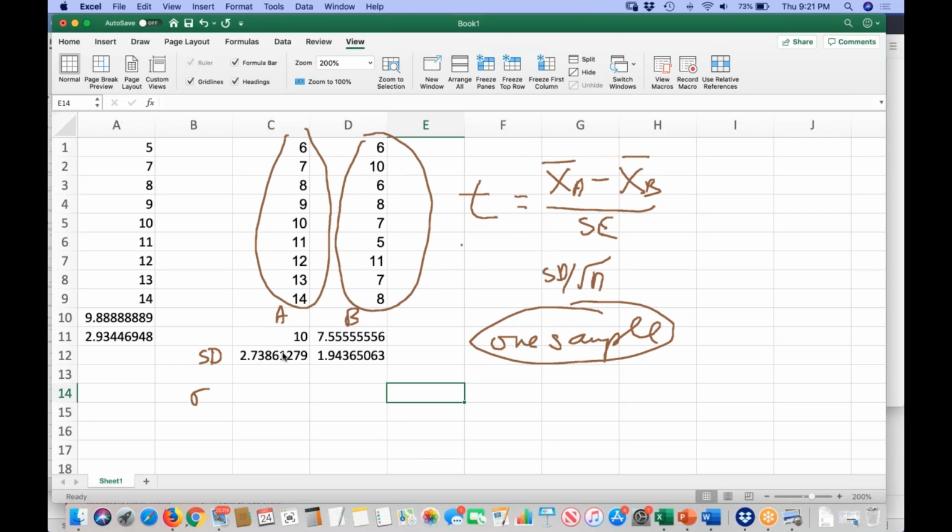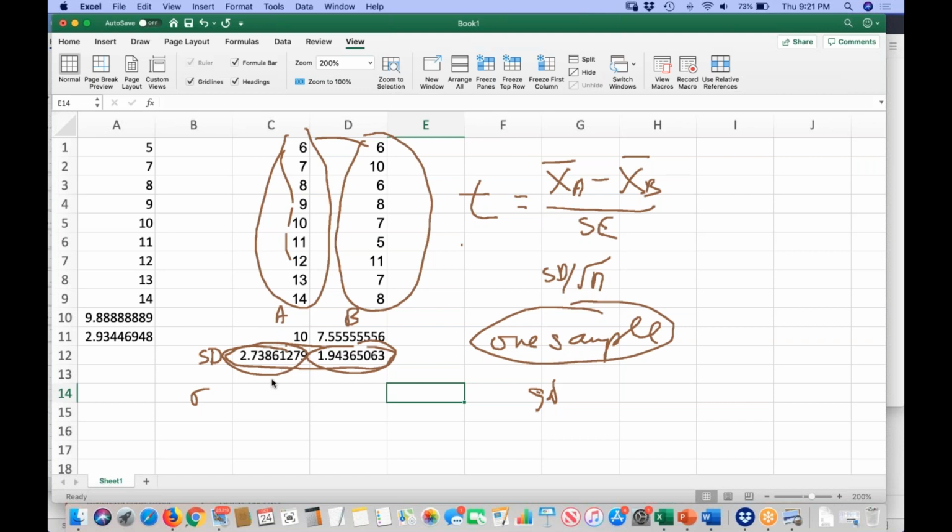One is I could use this variability, or I could use that variability. I could combine the two variabilities. I can combine all these numbers and find a single standard deviation based on 18 numbers instead of based on 9 numbers, and use the same one for both of them.